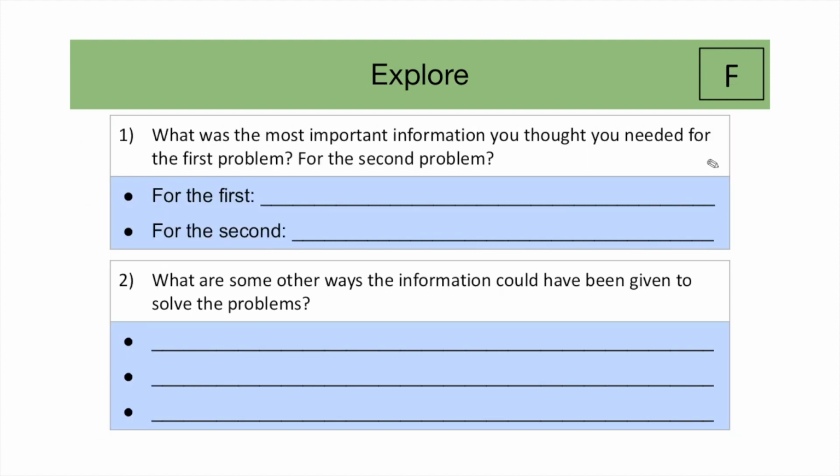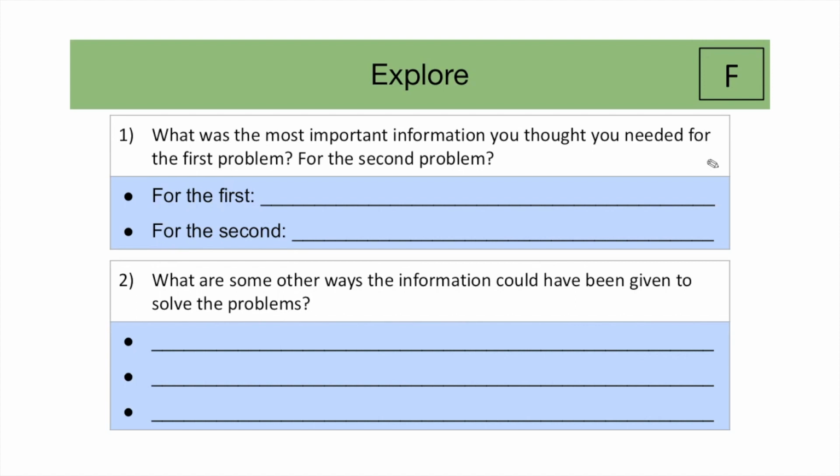For this slide of the Explore, students are asked what was the most important information you thought you needed for the first problem and for the second problem. For the first problem, students may realize that they needed to know if the data was symmetric, and they also needed data depending on that answer. In this case, it was the median and the IQR.